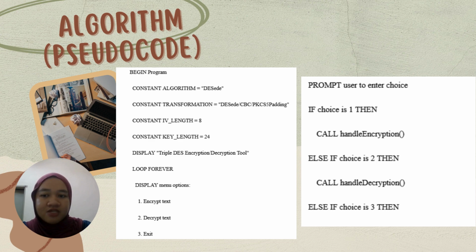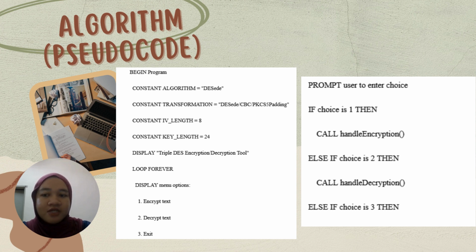The program then generates a random 8-byte IV, encrypts the message using the Triple DES algorithm in CBC mode with PKCS5 padding, and will display the result. The result will be displayed in base64 format.